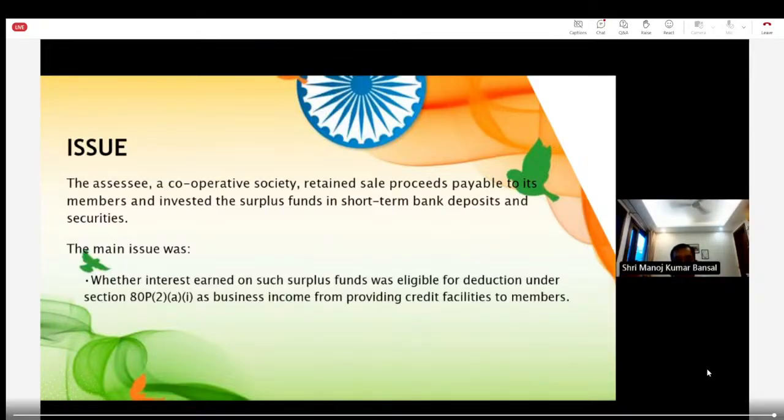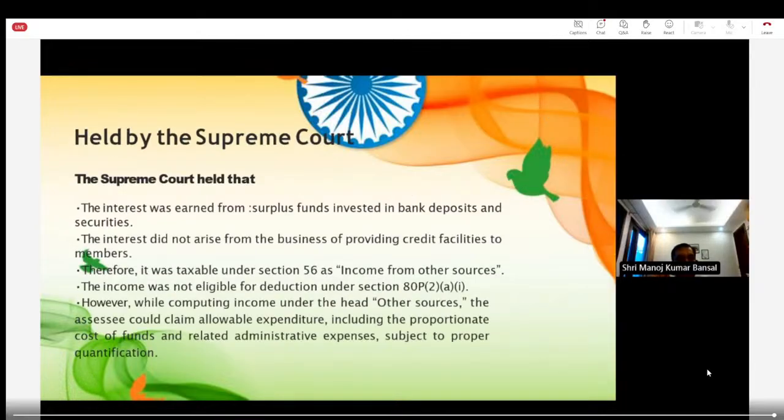Means if interest is earned on surplus funds, the Supreme Court held the interest was earned from surplus funds invested in bank deposits and securities. If it is done with a nationalized bank, then this will not be permitted.